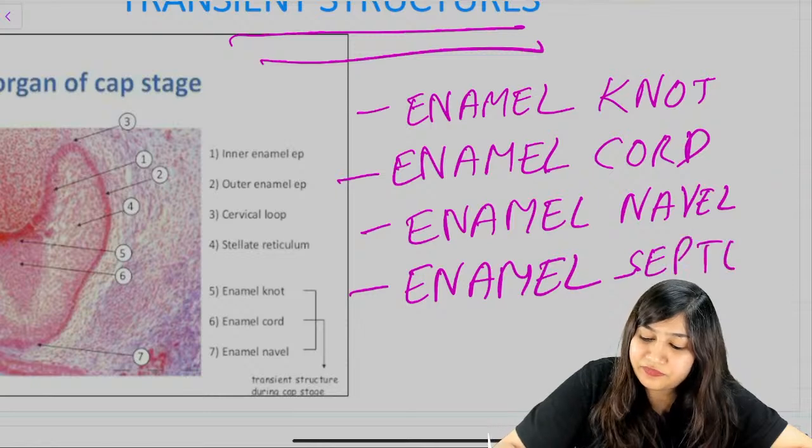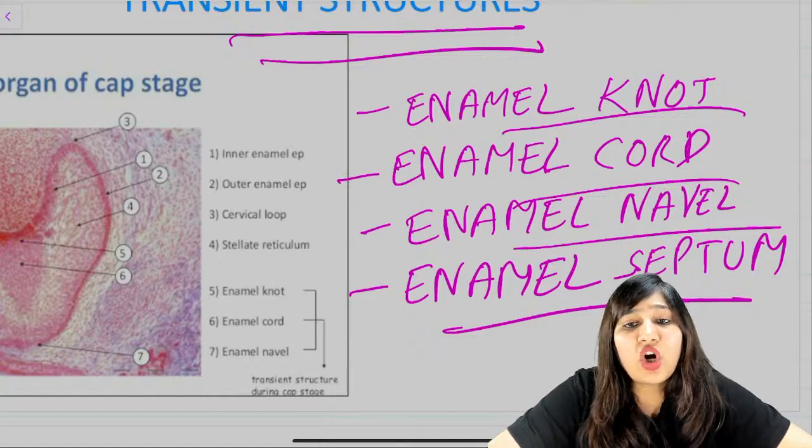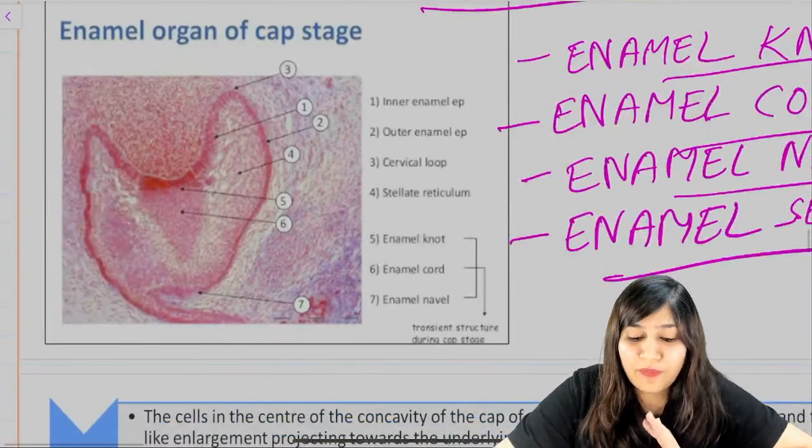Enamel knot, enamel cord, enamel navel, and enamel septum are basically the transient structures. They might disappear during the formation of enamel.